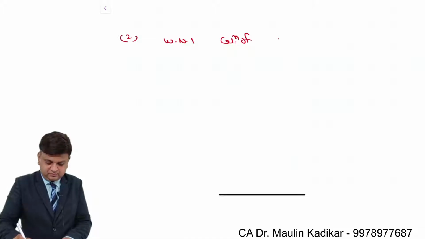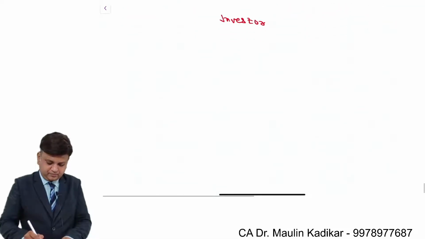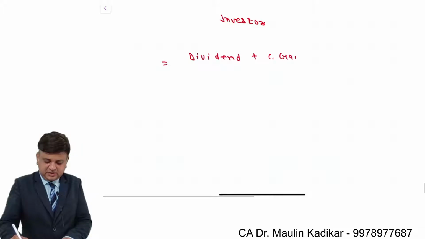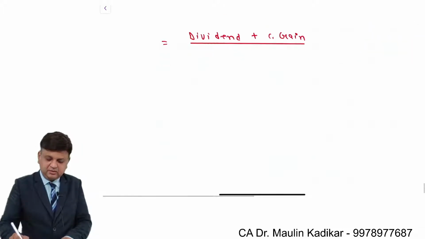Calculation of units allotted to the investor. It is dividend plus capital gain divided by average NAV.